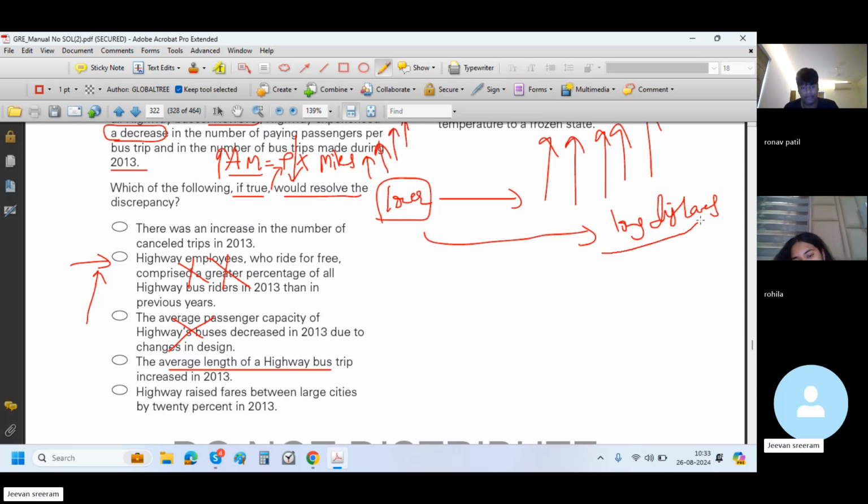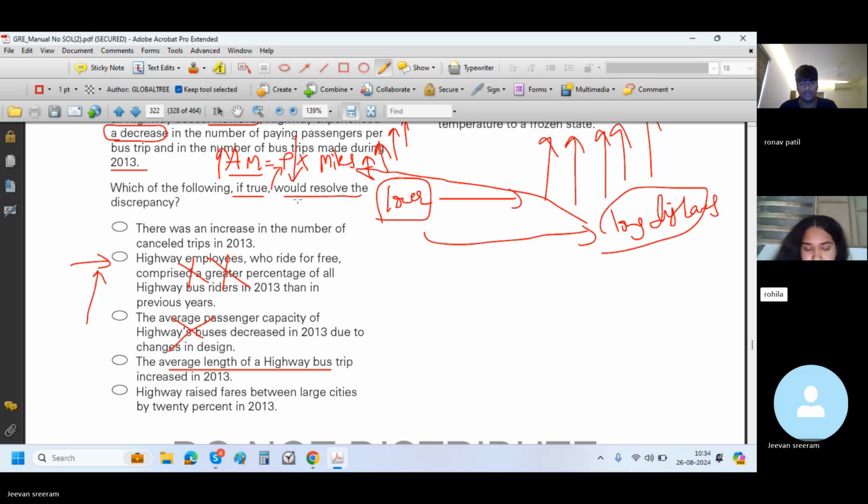As they travel long distances, this quantity increases. Although the number of paying passengers reduced, the miles have increased, because the lowered number of paying passengers have traveled long distances, right? As they travel long distances, the average length of the highway bus trip increases, and it also gives a sense of more miles traveled by the paying passengers, although they are fewer.